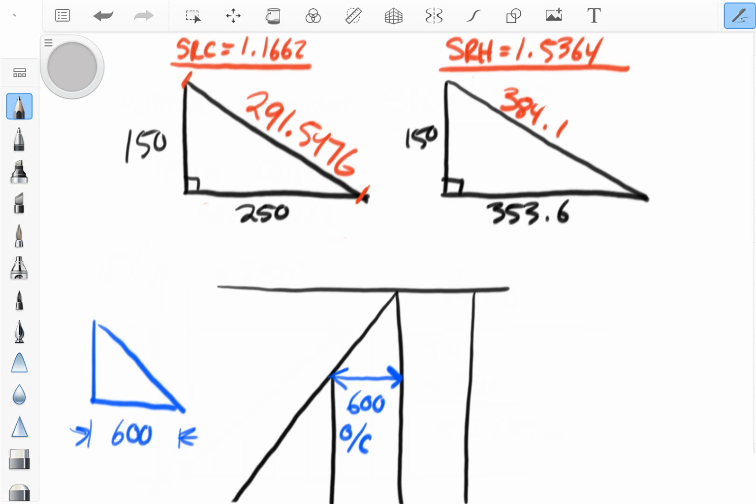We have a 600 millimeter on center spacing. So when we're traveling down our hip from our first common rafter, our spacing of 600 millimeters is exactly 600 millimeters off the run of our common rafter.